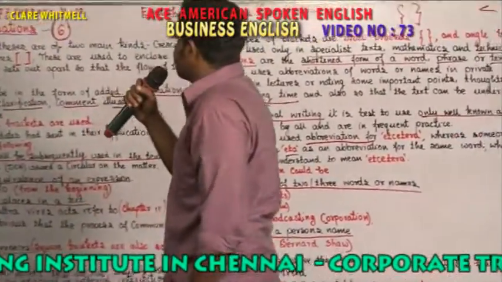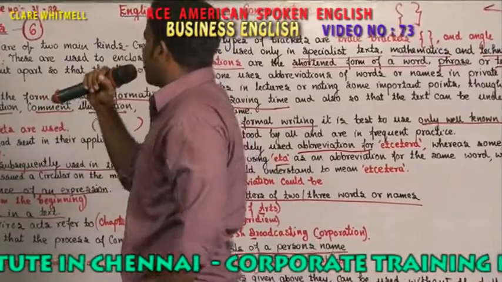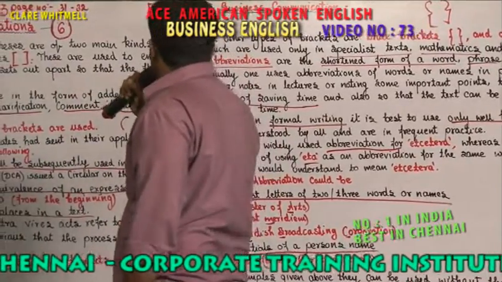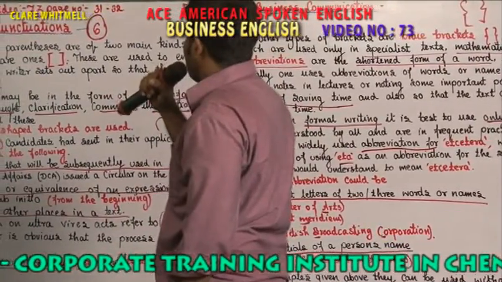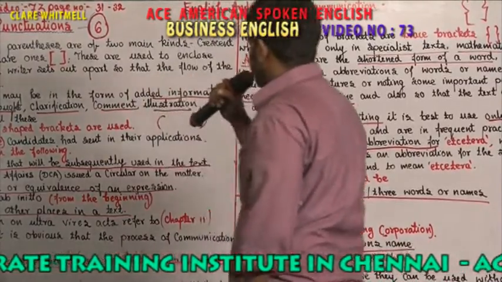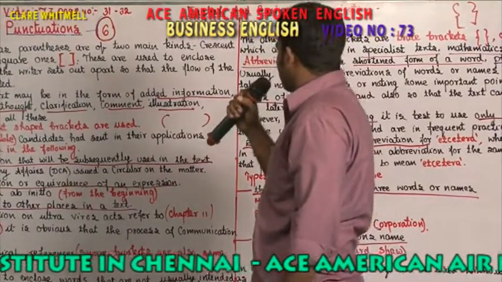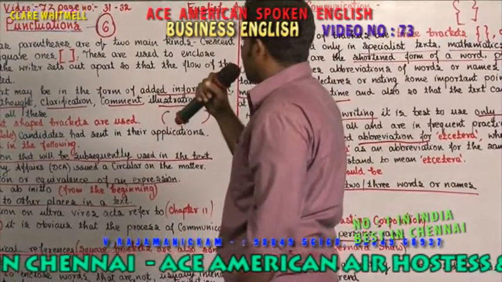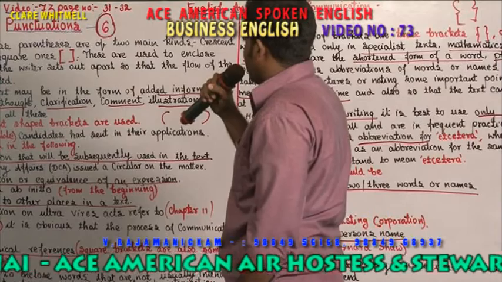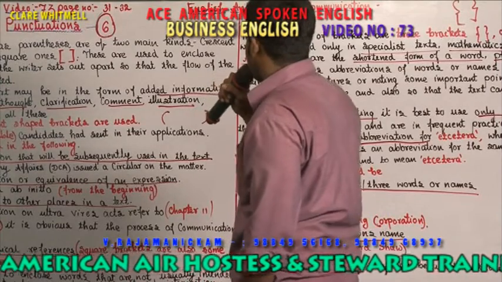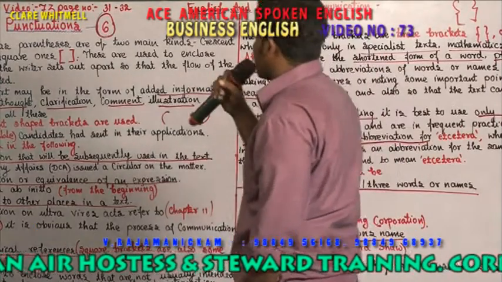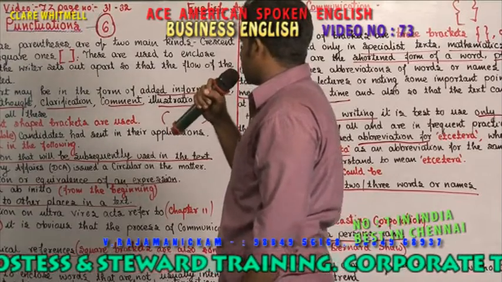Now I am seeing pronunciations. The brackets are 2 types. The crescent shaped and square shaped. Look at the camera and speak. Information, explanations, afterthoughts, clarifications, comments, illustrations, expressing doubts.